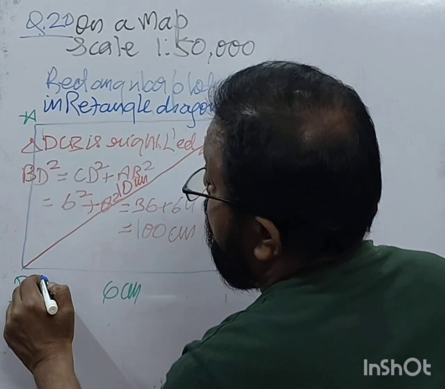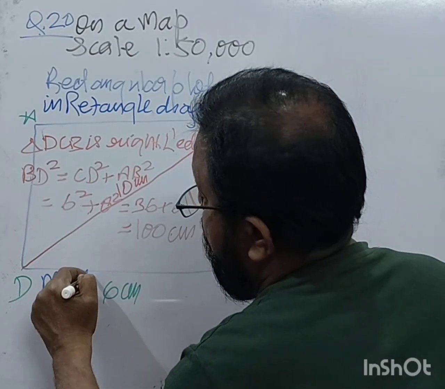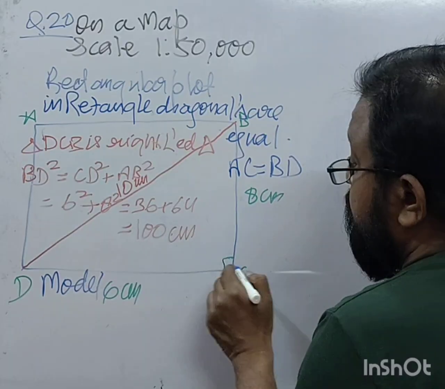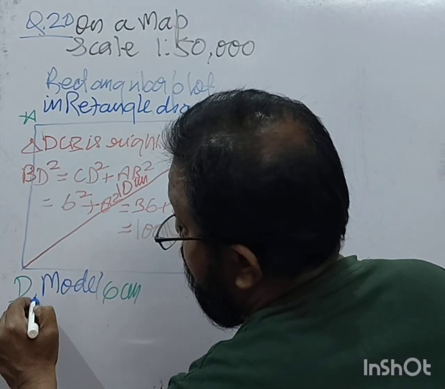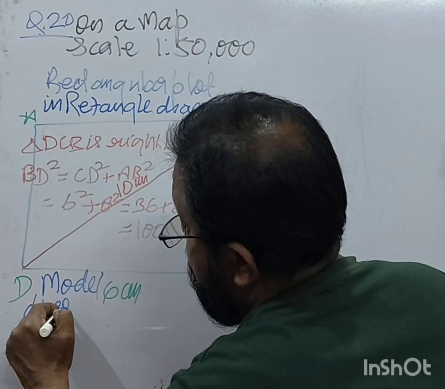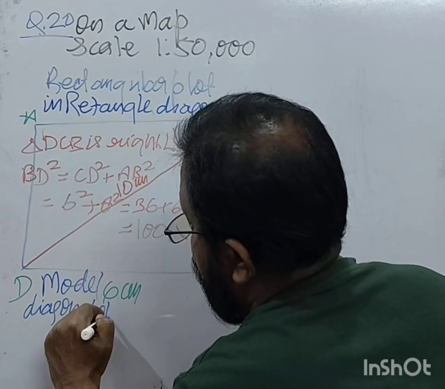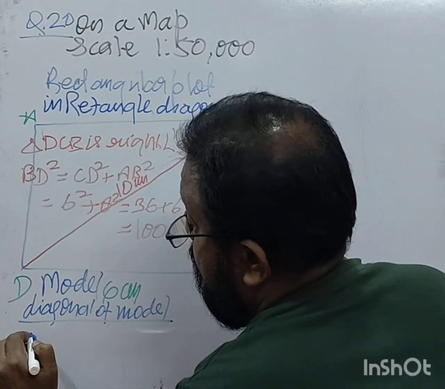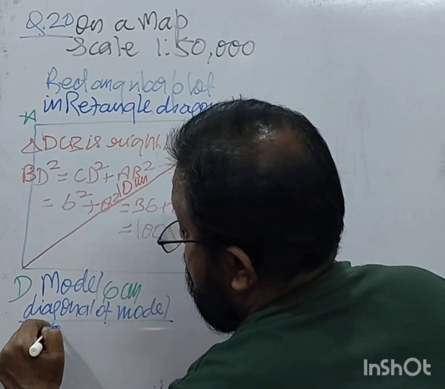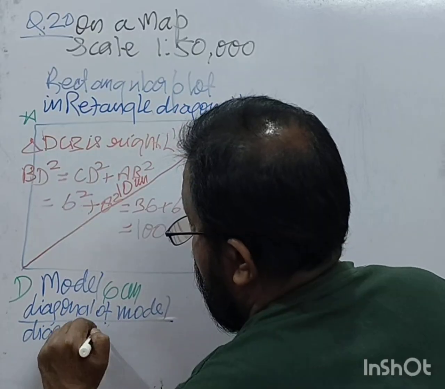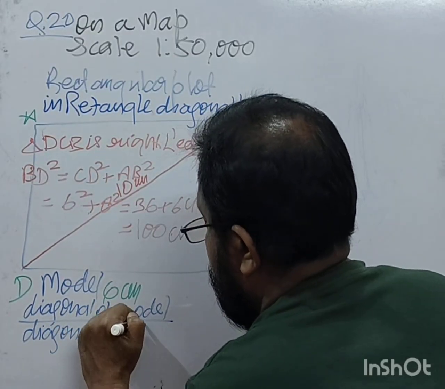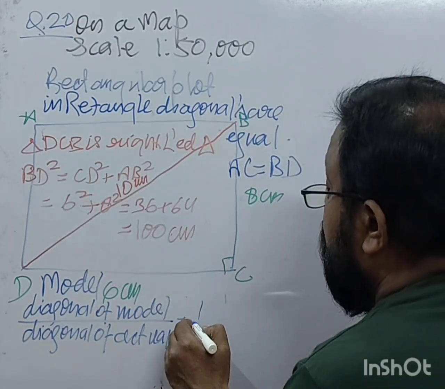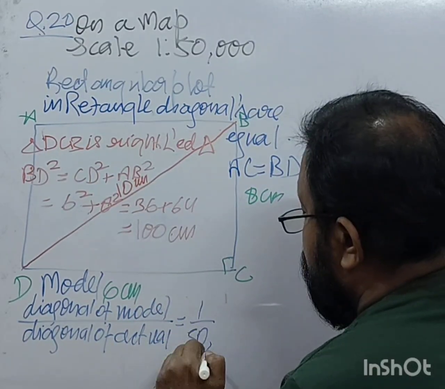So diagonal of model upon diagonal of actual is equal to 1 upon 50,000.